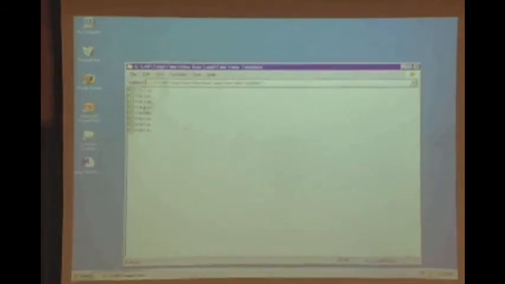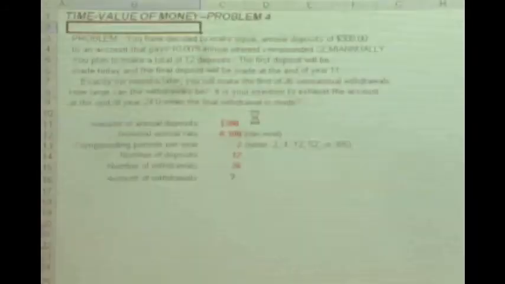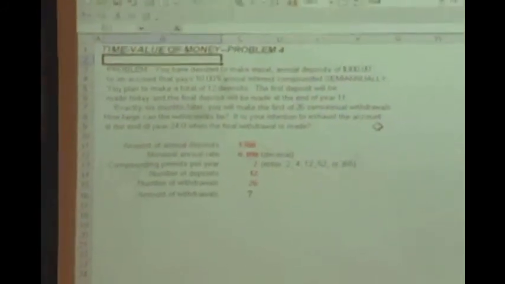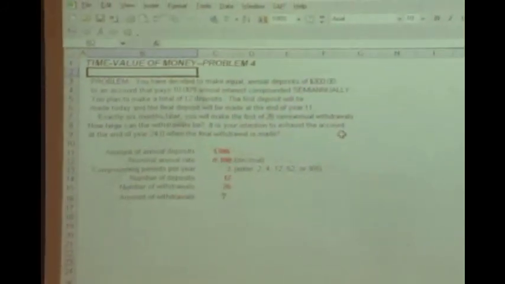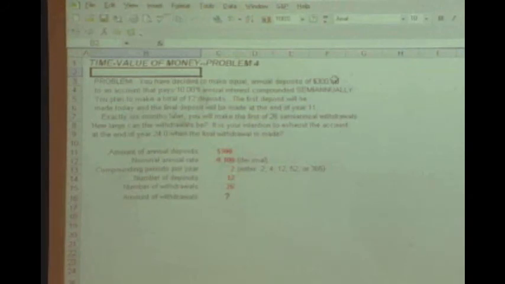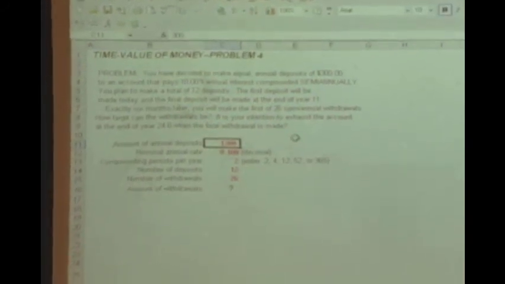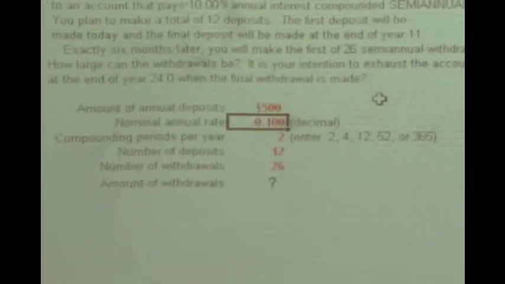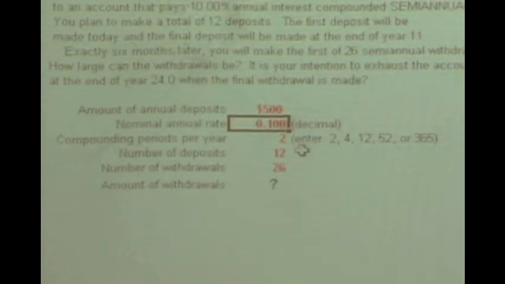And I think this one was problem number 4, but there's 8 problems there for you. And I'm going to change this problem to be like the one in your handout. The payments were $500, so I'll just change that payment to $500. You'll see it changes from 3 to 500 up there.